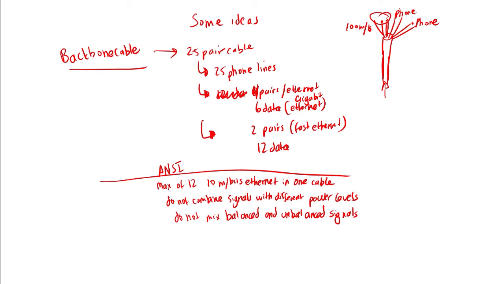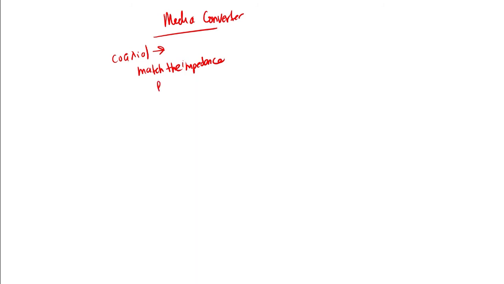And we've got another idea now. We call them media converters. So I might have a coax that I want to convert so that I can match the impedance. So we got a device called a balun.